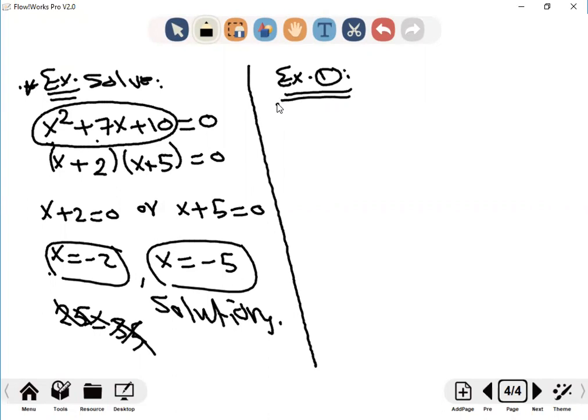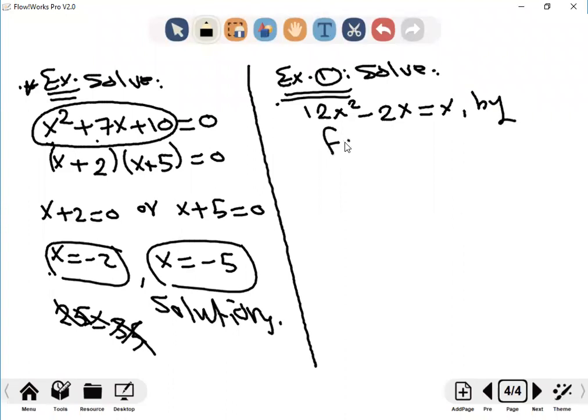We are on page 167, and please don't look at your book, just look at the board, understand. Solve 12x power 2 minus 2x equals x. The book says: factoring, and check your solutions. Pay attention to the board, don't write, just pay attention to the board.